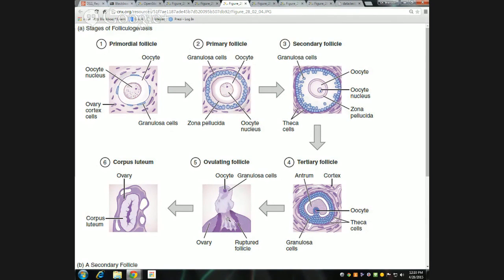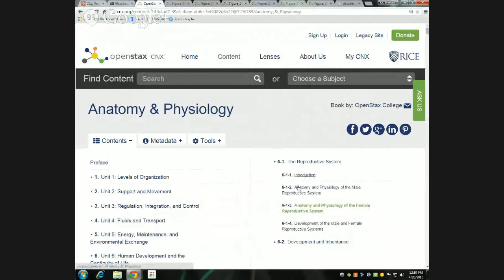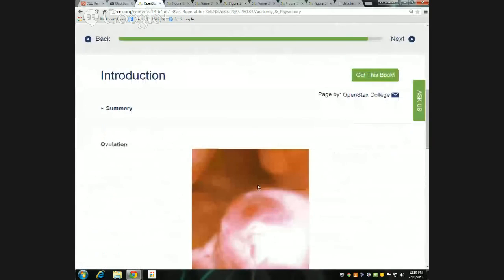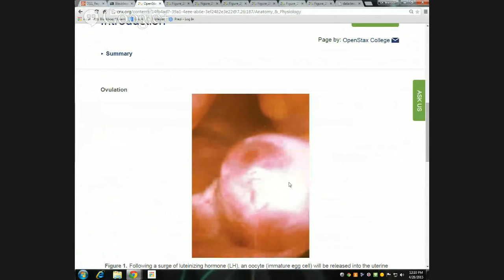And this picture, and actually the picture with the introductory part of the chapter here, is a picture of ovulation taking place, which you can't really make much of what's going on there. But this is a picture in living tissue of this happening on the edge of an ovary.